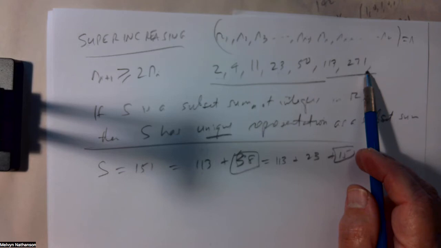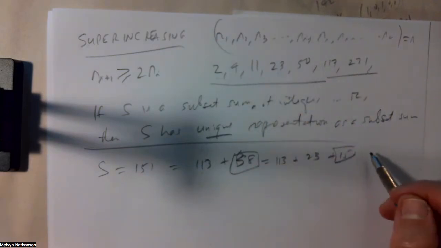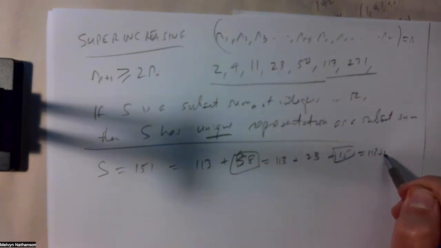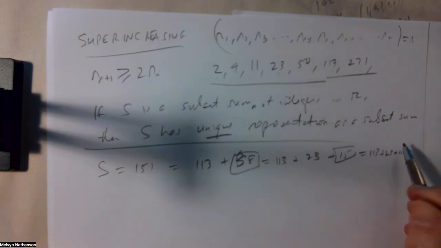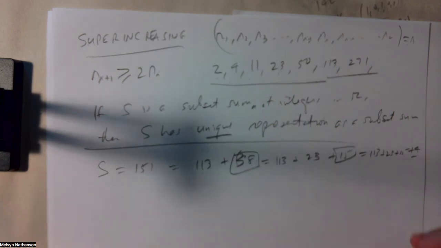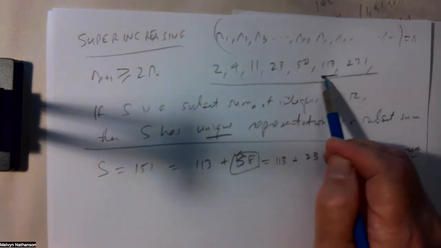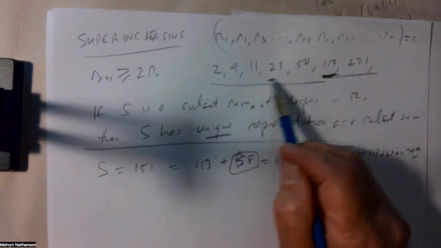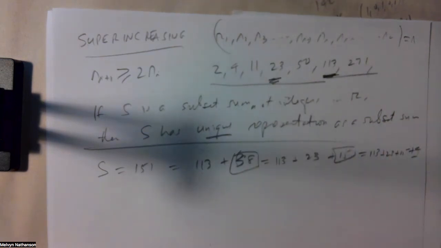The largest number I can pick is 11. And what's left is 4, and that's in there also. So this 151 is a sum of 113, 23. Oops, I said 15, but this is actually an 11.